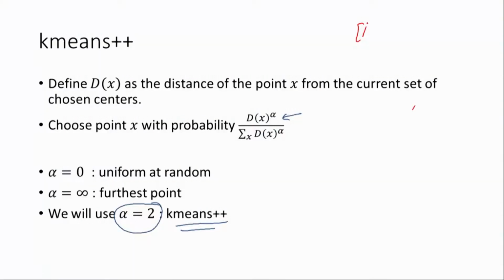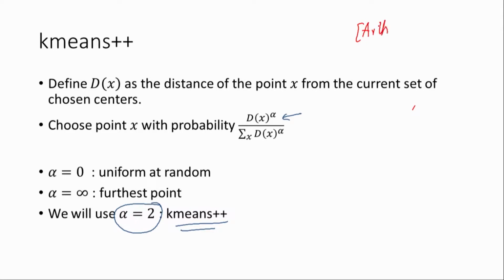So, as I said, we are making khichdi. Okay. Just to recap what is the algorithm that we are using. This particular technique we are studying is called k-means plus plus.